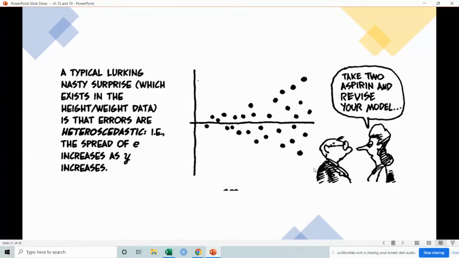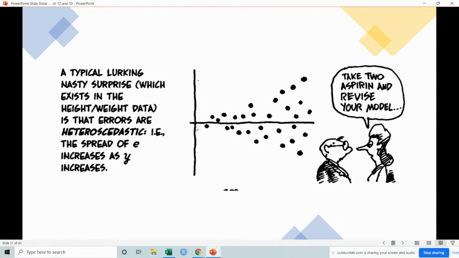A typical lurking nasty surprise exists in the height-weight data. It's called heteroscedastic, which basically means that as y increases, the error becomes more spread out, or the error gets larger the higher the y value.